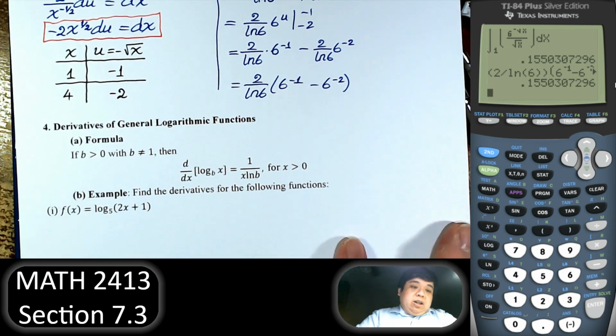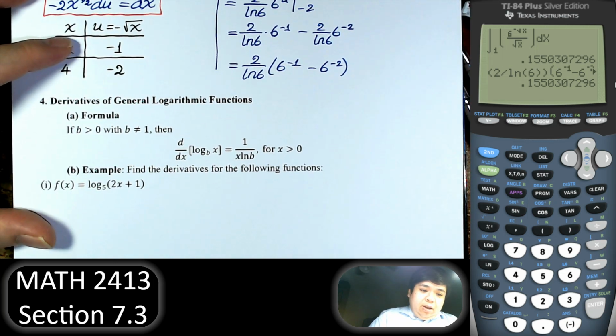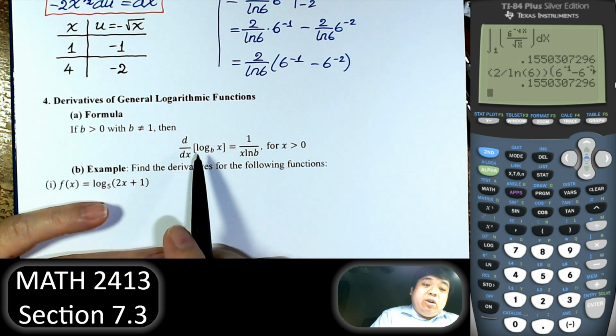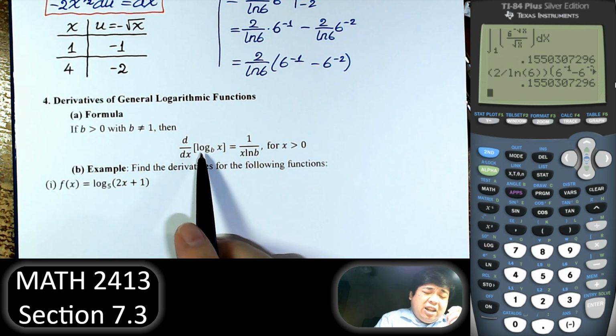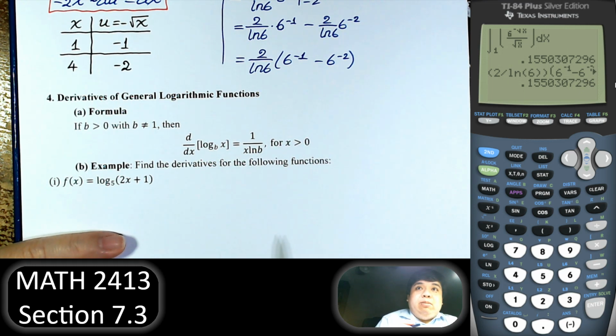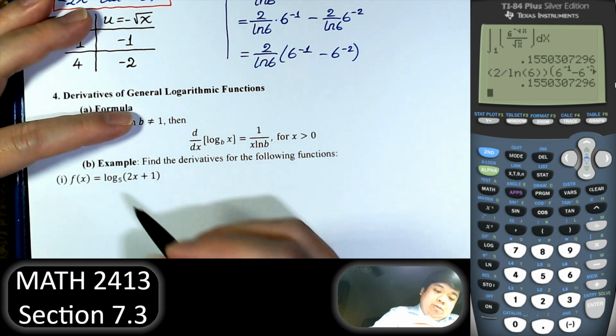Now we go to the general logarithmic function. So now, the derivative of the log base b of x. If we have a different base than e, we once again divide by ln of the base. Right. So the derivative should be simple though.